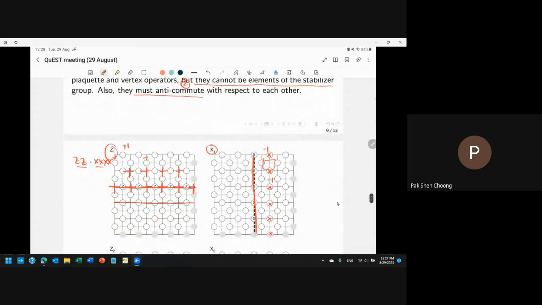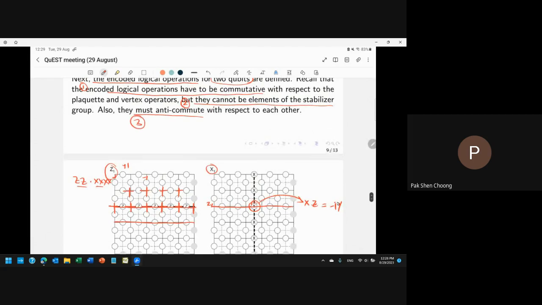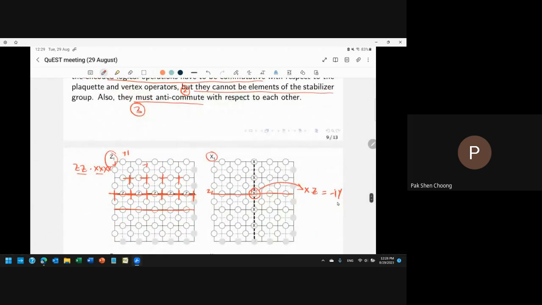So now the last one, they must anti-commute with each other. So this is your x1. If you draw a z1 over here, you find that the only place that they meet is here. So that's why you have x times z at this particular point, which will give you -1, something like this. So all three conditions are satisfied with this z1 and x1.